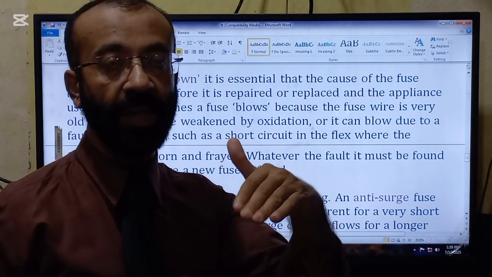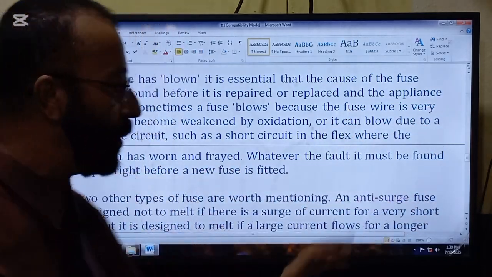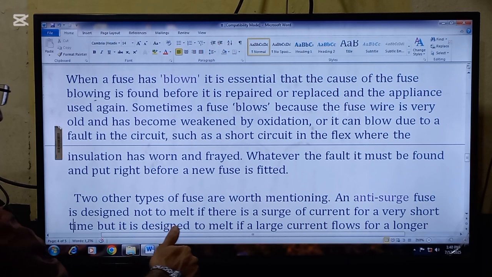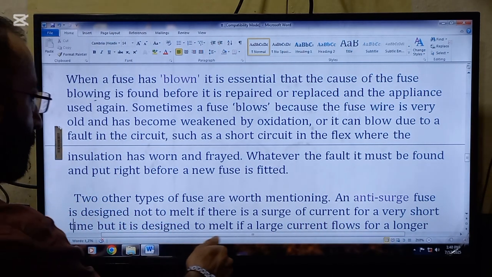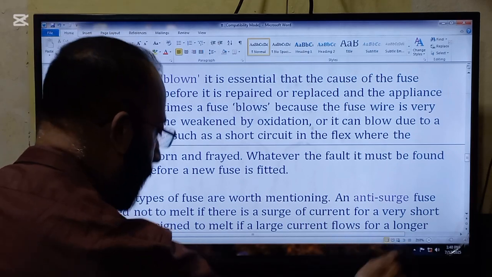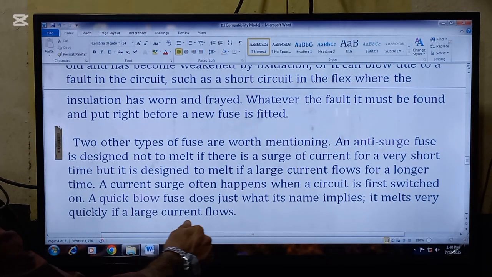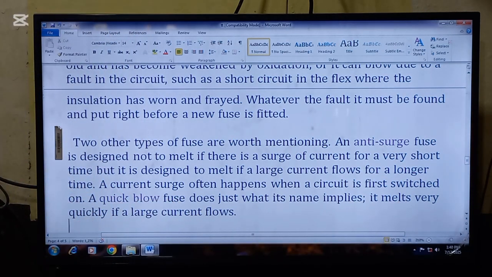But if the surge is for a longer time, then the fuse will melt and the circuit will be broken. So an anti-surge fuse is designed not to melt if there is a surge of the current for a very short time, but it is designed to melt if a large current flows for a longer time. A current surge often happens when a circuit is first switched on.